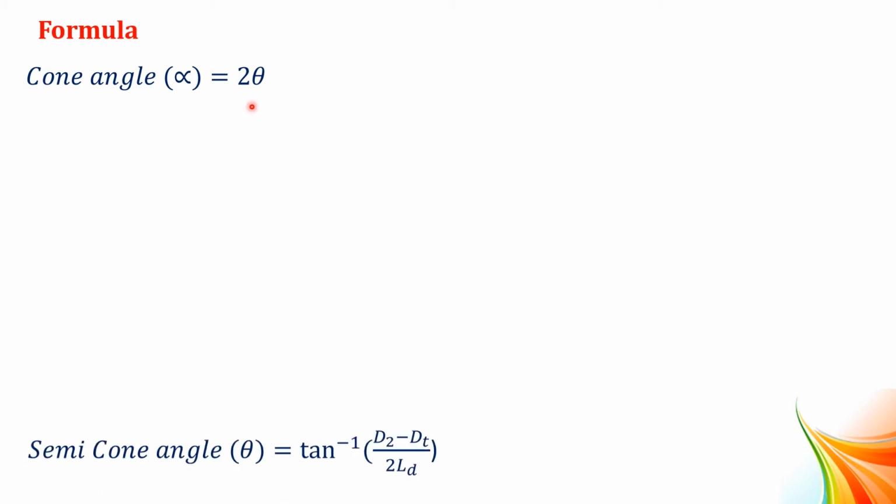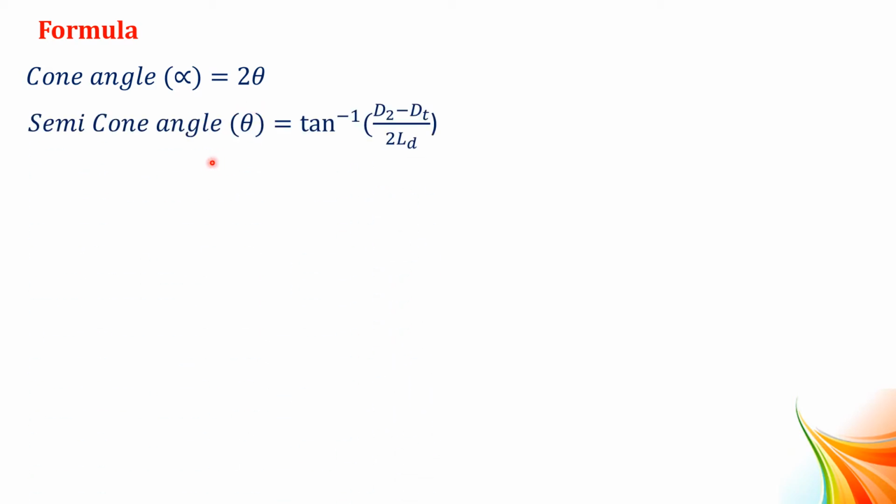Now we have to write the formula required for solving this problem. We have to find out the cone angle alpha, which is equal to 2 theta, where theta is the semi-cone angle. So theta can be calculated by using this equation: tan inverse of d2 minus dt divided by 2 Ld.